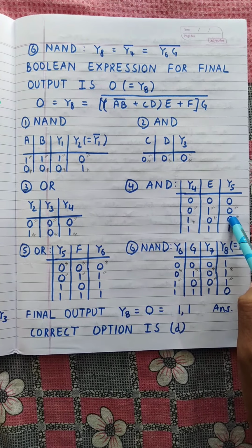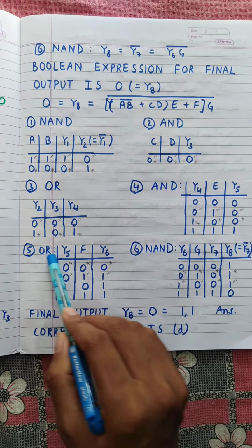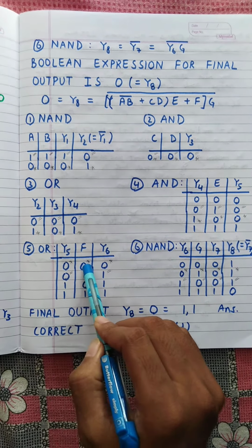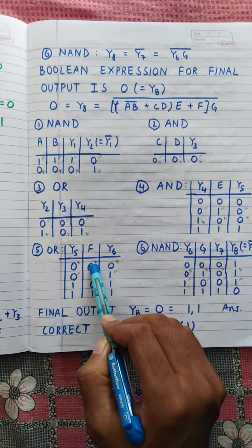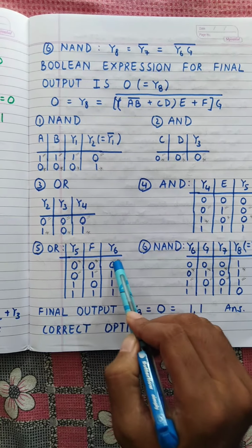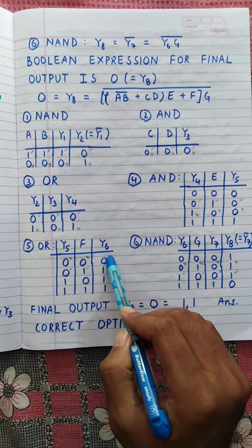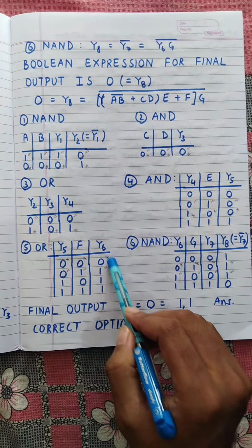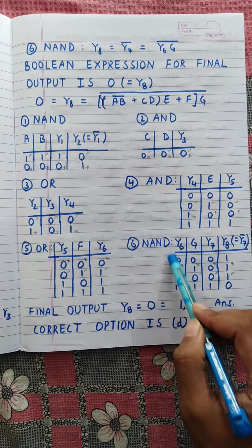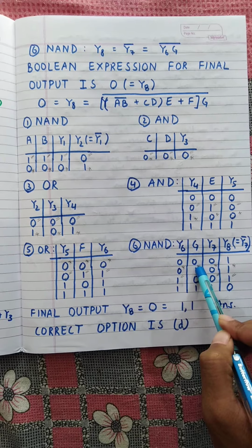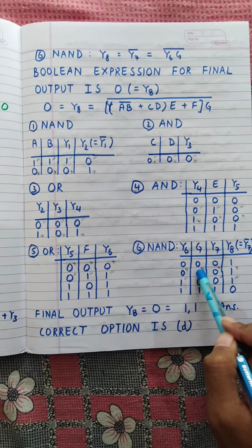Now this output goes into the input of the fifth gate. Here this output is 0 and F in the second case is again 0 according to the question. So 0 0 will give the output of the OR gate as 0. Now this output goes into the input of the next NAND gate. We have to remember that y6 we choose as 0 and G here we take as 1, because it is given in the question that in case 2 G is 1.